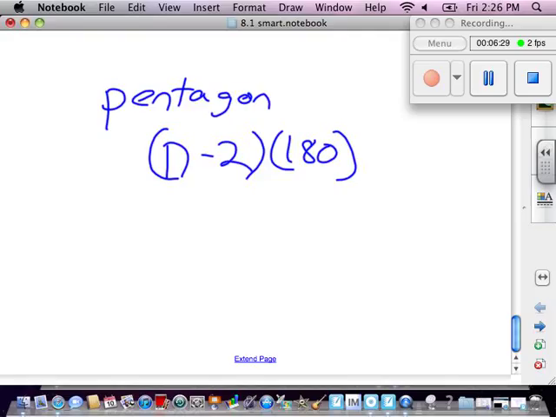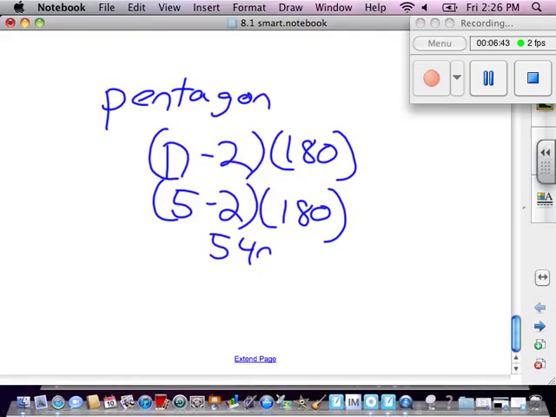How many sides does a pentagon have? So where do you think I'll put the 5? 5 minus 2 is 3. 3 times 180 is 540. That is the total. So if we have a pentagon, if you added up all the angles, they would be 540.